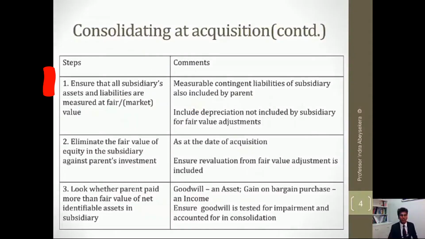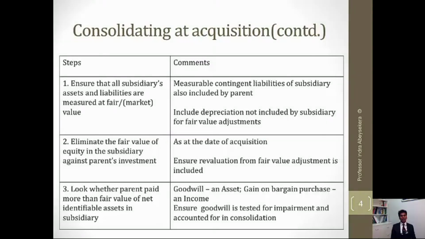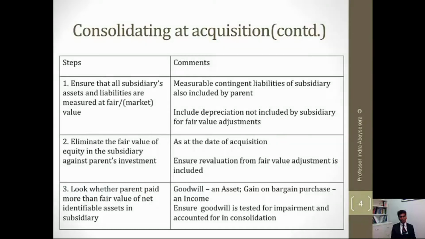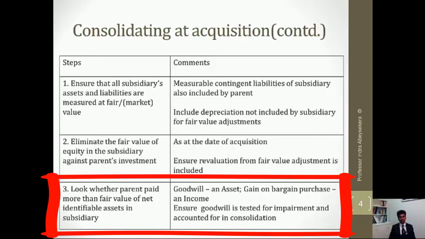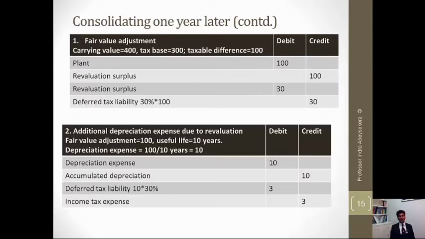First, ensure that all subsidiary assets and liabilities are measured at market value. Second, eliminate the fair value of equity in the subsidiary against the parent's investment. Third, look at whether the parent has paid more than the fair value of net identifiable assets in the subsidiary. Bring it to fair value adjustment.